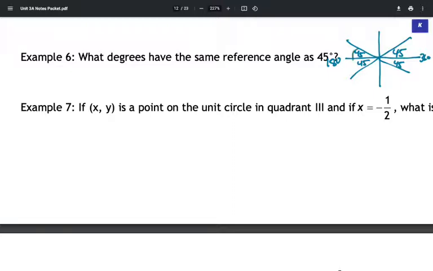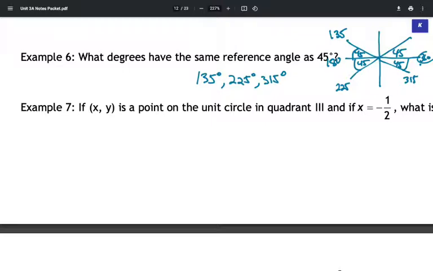So 180 minus that 45 would be 135. 180 plus the 45 would be 225. This 360 right here minus the 45 would be 315. So degrees that have the same reference angle as 45 degrees would be 135 degrees, 225, and 315.